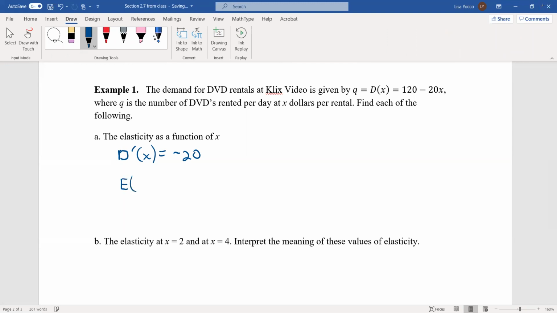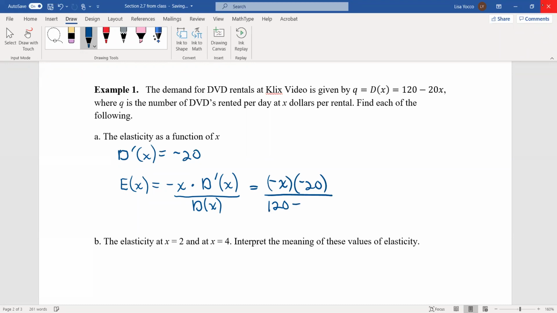And then E of x, formula, negative x times the derivative of the demand function all divided by the demand function. So we're just doing some substitution. Negative 20 goes in for the derivative, and the demand function goes in the denominator. And then negative 20 times negative x will give me positive 20x over the demand function.